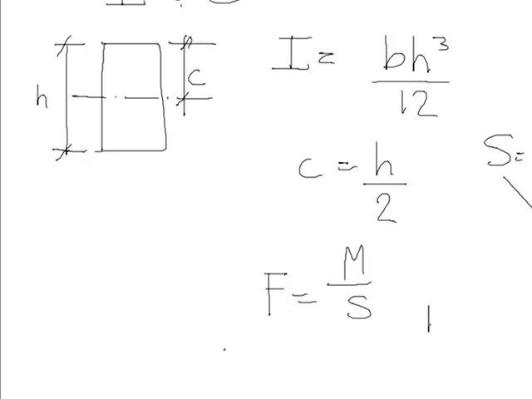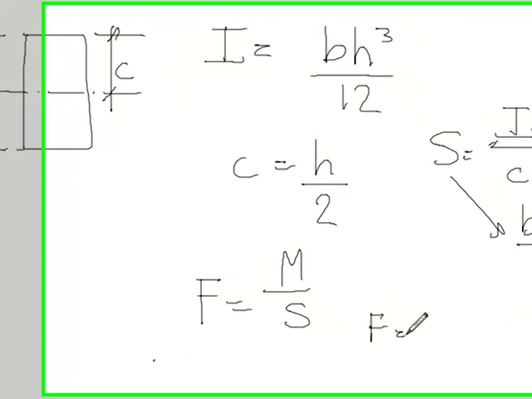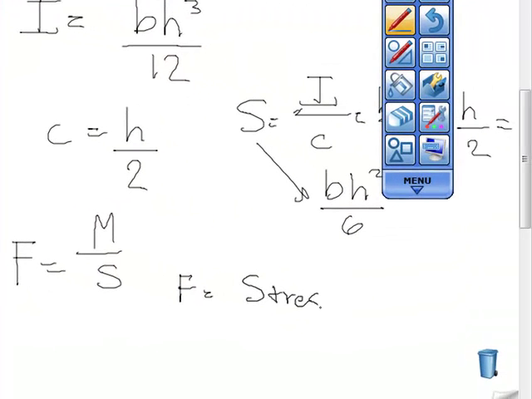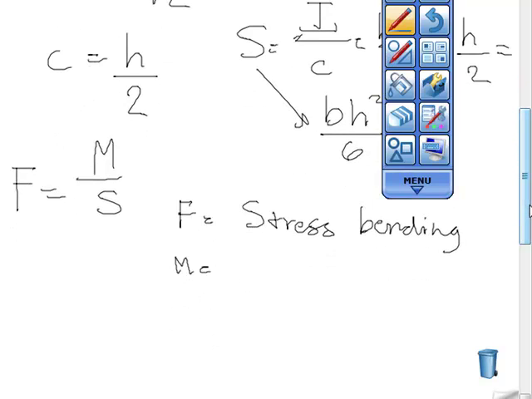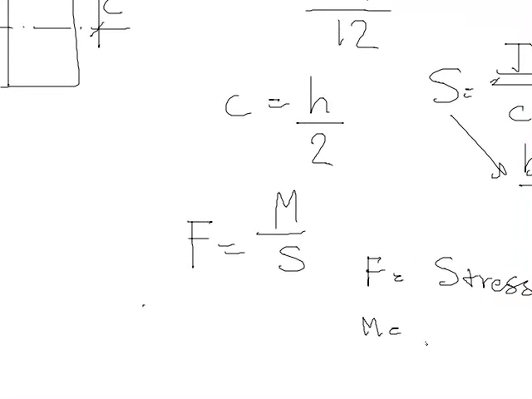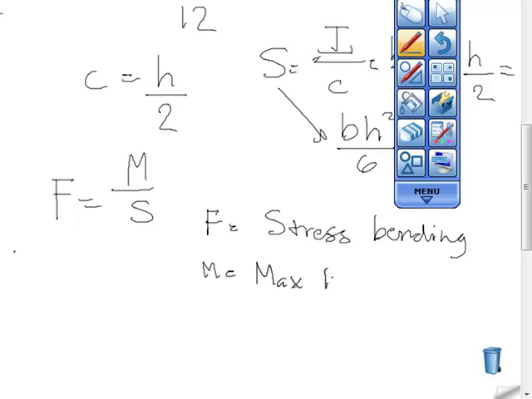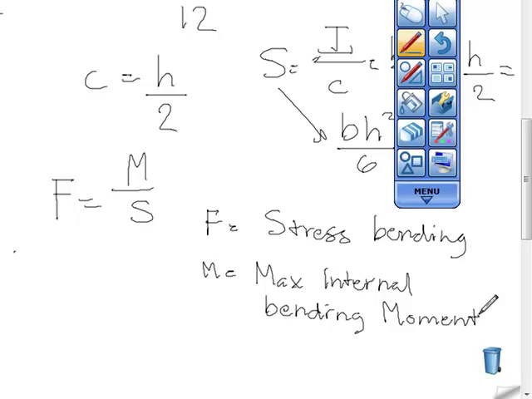In this formula, F is going to equal the stress in the bending, M is going to equal the maximum internal bending moment, and then S is the section modulus.